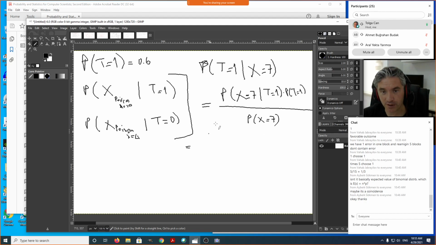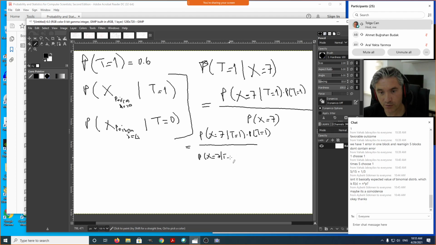So the numerator is going to be repeated in the denominator, where we have thunderstorm, plus the probability of x equal to 7 when there is no thunderstorm.